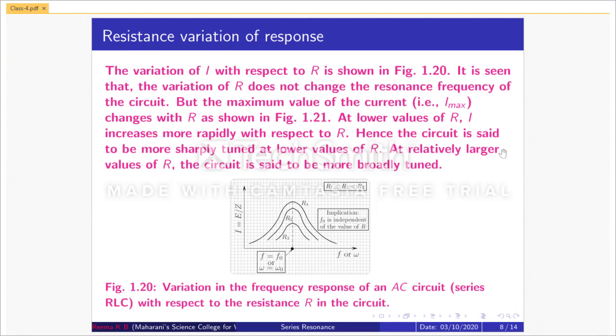The variation of I with respect to R is shown in figure 1.20. It is seen that the variation of R does not change the resonance frequency of the circuit, but the maximum value of the current, that is I max, changes with R as shown in figure 1.21.